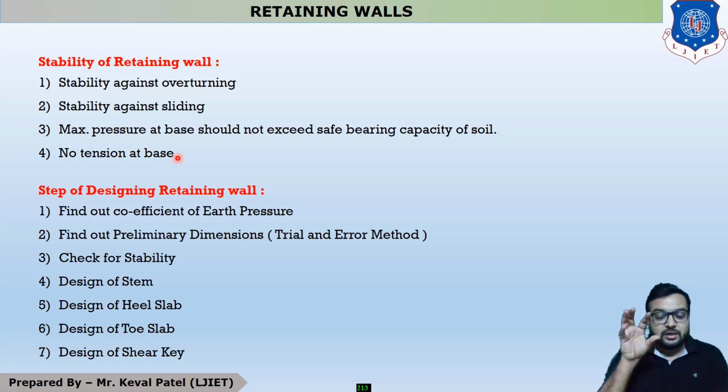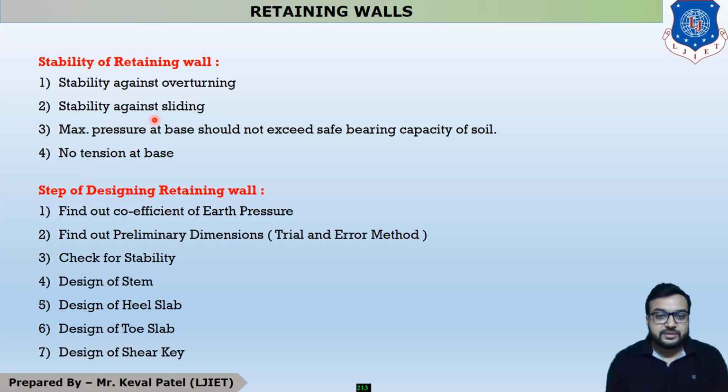Equation is restoring moment divided by overturning moment, or clockwise moment divided by anti-clockwise moment. This ratio is minimum 1.55. If this ratio is less than 1.55, then you have to redesign your retaining wall. Okay, so this is your stability check 1.